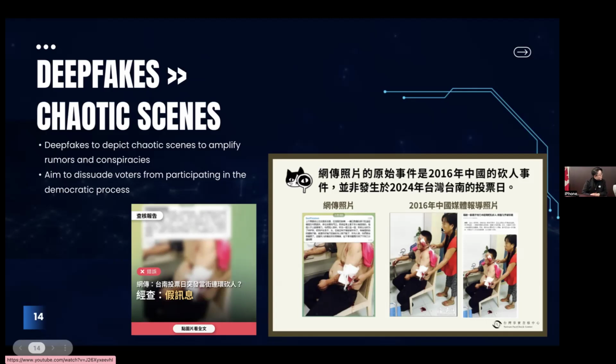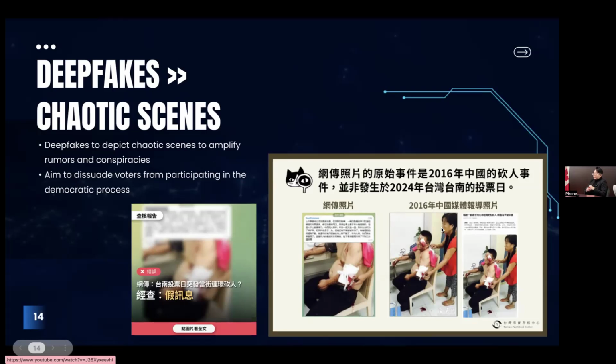But this photo is actually an old edited photo from a Chinese state media outlet called Hacknight, which is controlled by the Fujian Chinese provincial government. So these photos, after some time, were proven to be disinformation.